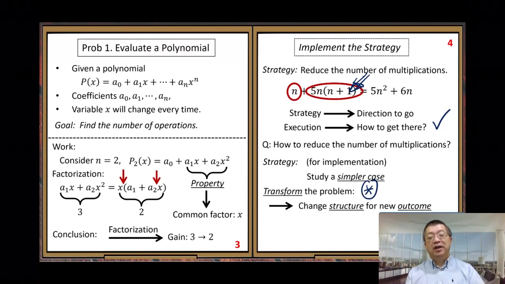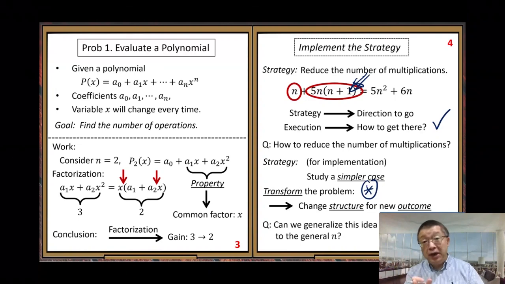Then our next question: can we generalize this idea to the general n? Because n equals 2 is special. We want to see how this method works for the general n.